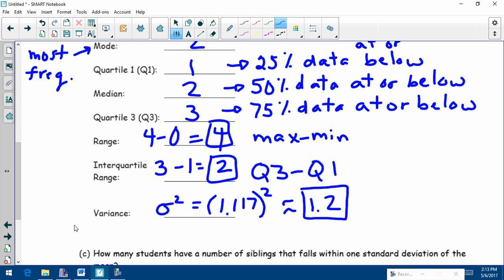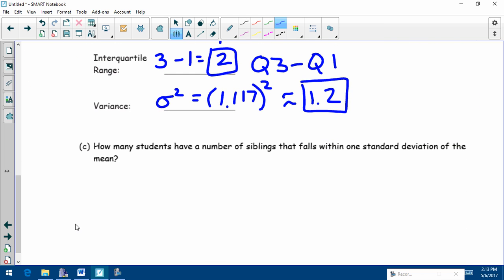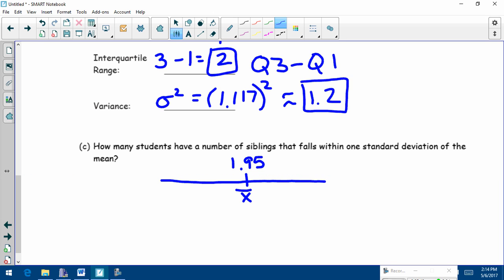Okay, and then the last question here: how many students have a number of siblings that falls within one standard deviation of the mean? This is a question they used to like to ask on the Regents quite a bit. We've got a mean here of 1.95. Within one standard deviation means plus one standard deviation above and minus one standard deviation below.